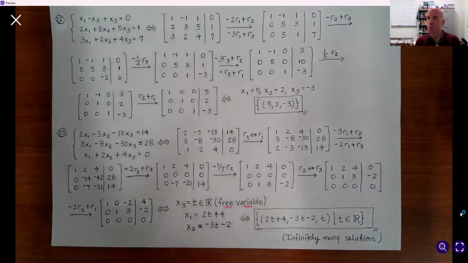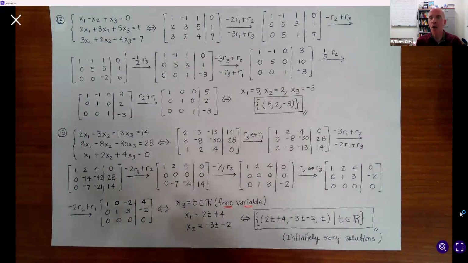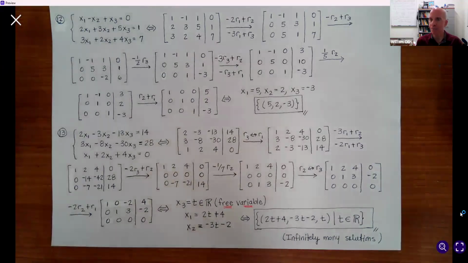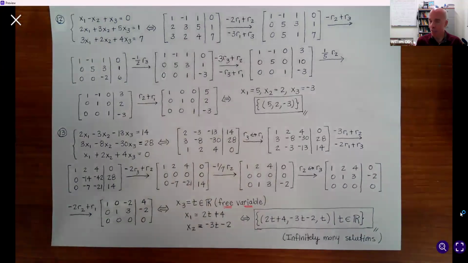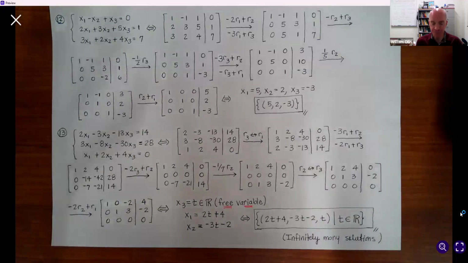That is, we didn't move entirely to the reduced form. In some cases, I stopped before the reduced form in hopes of making the arithmetic a little simpler. But just remember, however you want to characterize your solutions when you have infinitely many or a free variable is completely up to you. If you're okay with the fractions, you can keep them, but you can always eliminate them and make your solutions look a little more tidy.